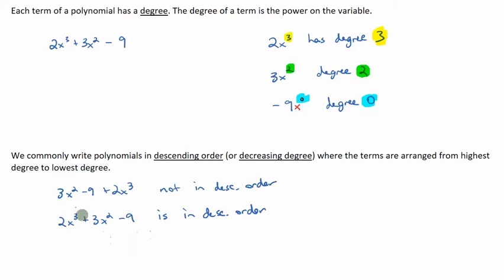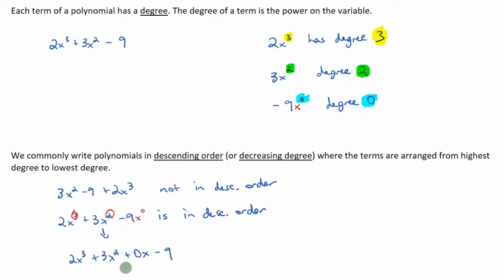Also, you'll notice this is degree 3, degree 2, degree 0. There's no degree 1 term. So if you wanted, you could write this polynomial as 2x cubed plus 3x squared plus 0x to the first minus 9.